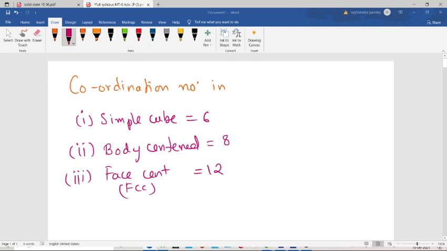How many edges are there? Total edges is 12.